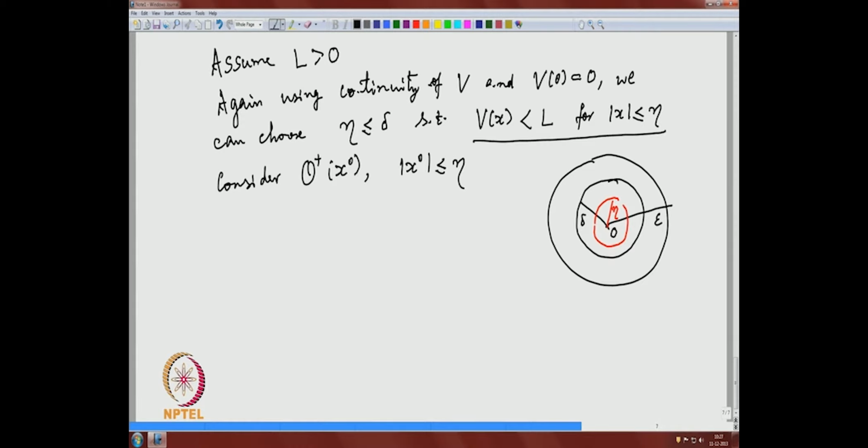By assumption and this construction, the entire orbit O plus x 0 is contained in mod x less than or equal to epsilon. This comes from stability. So, this is part 1.